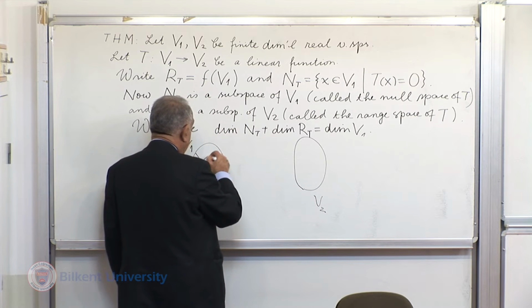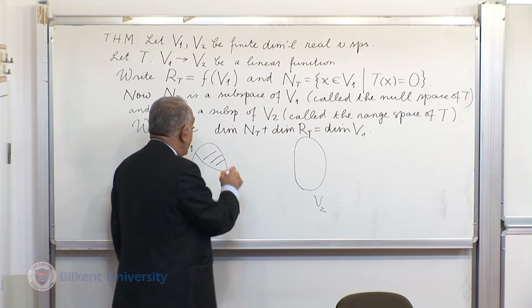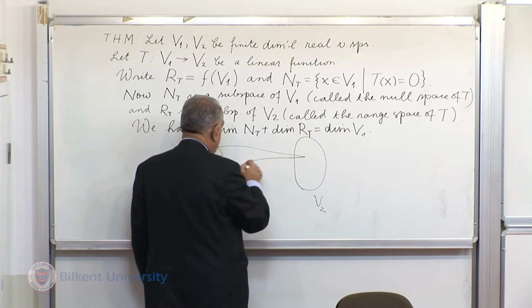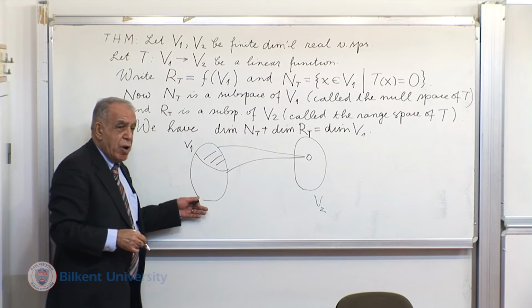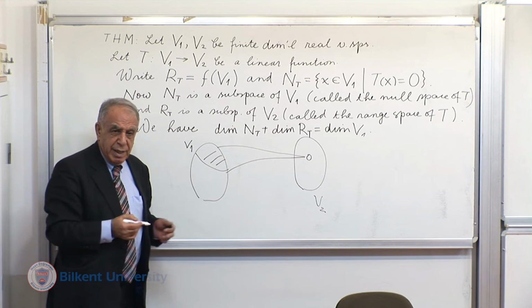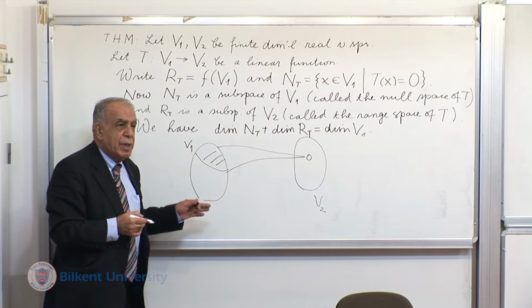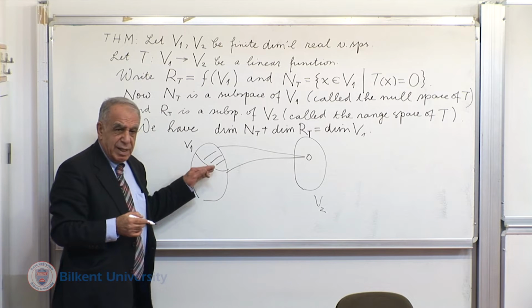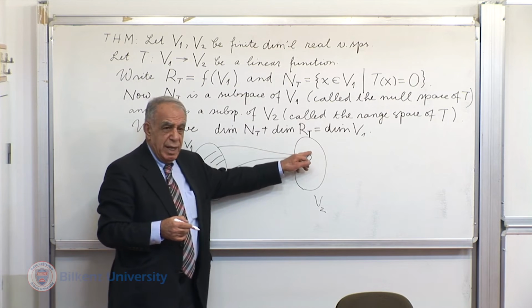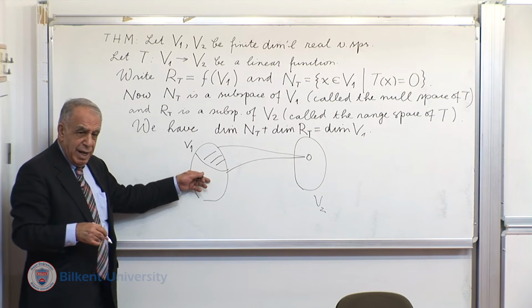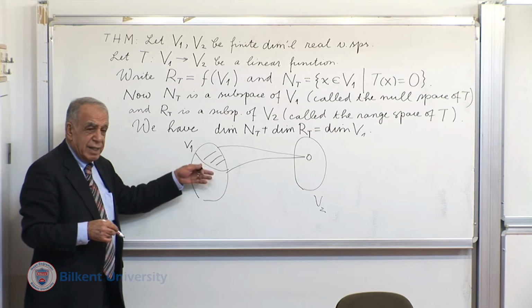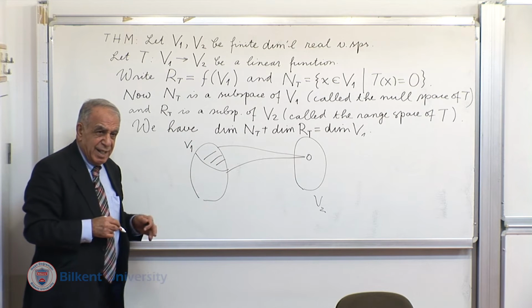Now, the larger the null space is, the smaller the range space will be. Because you will have equivalence classes given any point in here. If you consider its pre-image as a set in here, they will be all of the same size, in a sense.